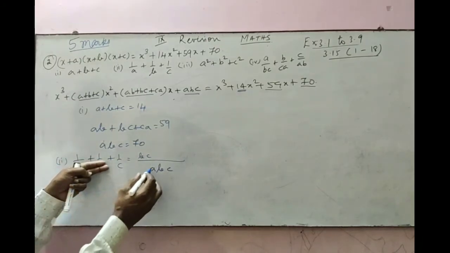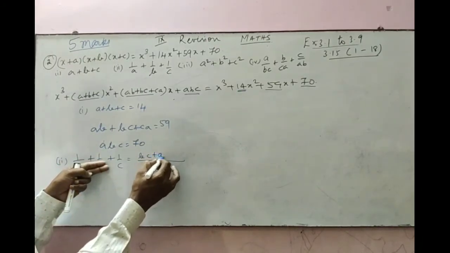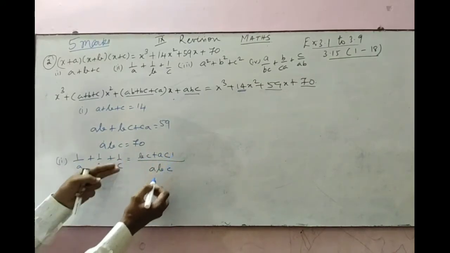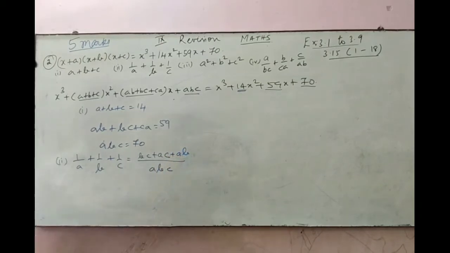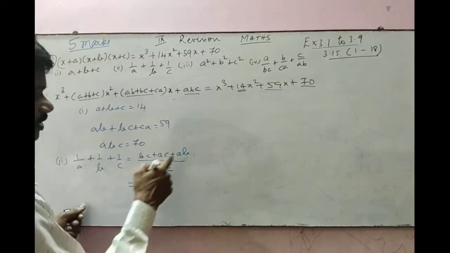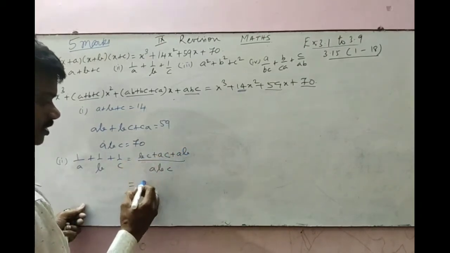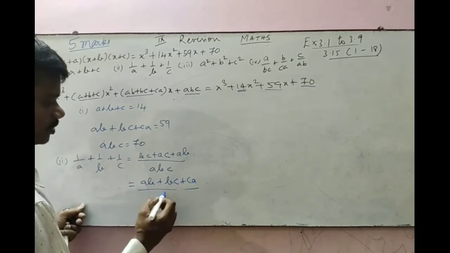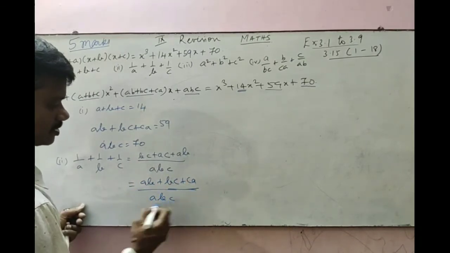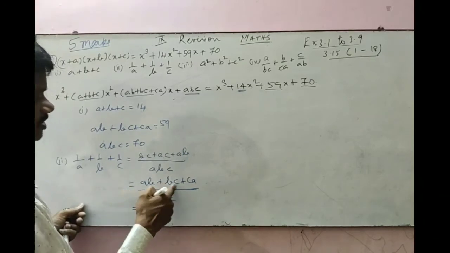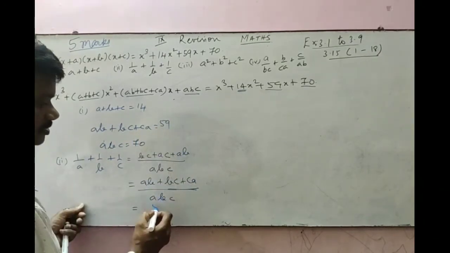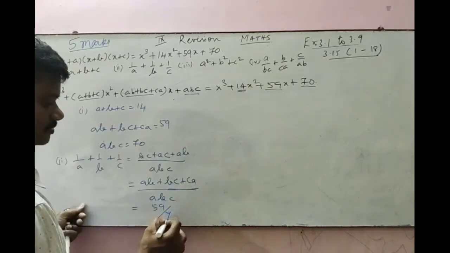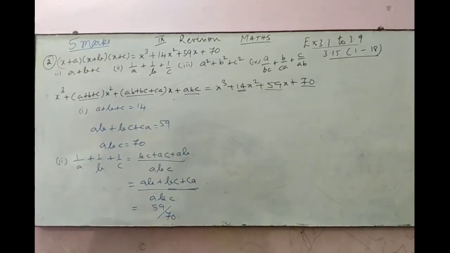Here we have b, so multiply a and c. Here we have c, so a and b should be multiplied. So you will get ab plus bc plus ca by abc. We know the value of ab plus bc plus ca equals 59. Just substitute here: 59 by 70. So that is the second answer.